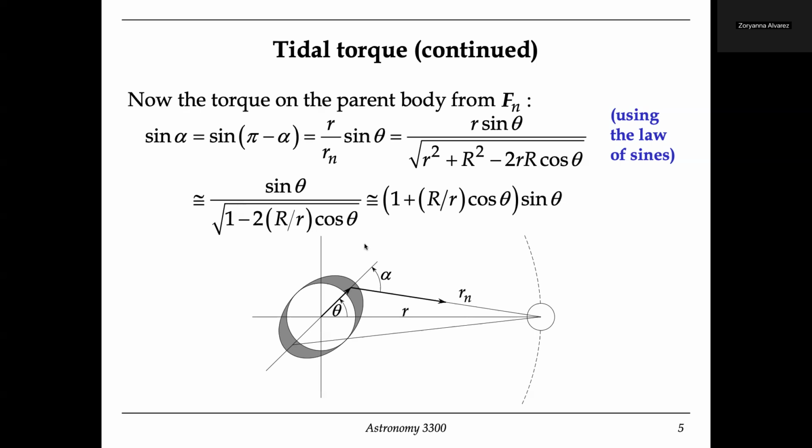You can flip them, it's not illegal. So if you write it as sine over A, that's okay. Good. Law of sines.